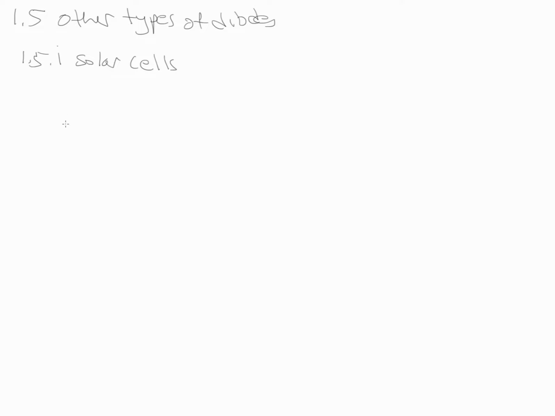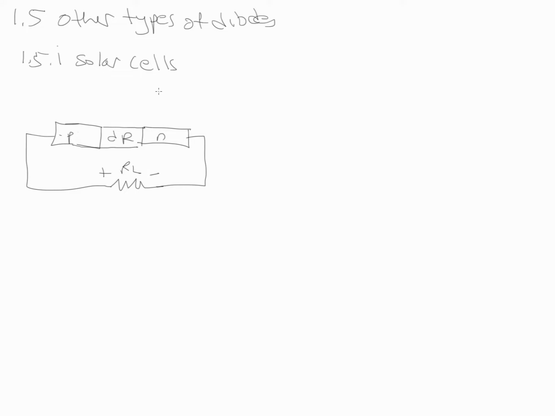You have a PN junction. So we have our good friend, the PN junction. It has the depletion region, and then we have the N region. There's no bias applied, just the external load, whatever you're trying to drive here.